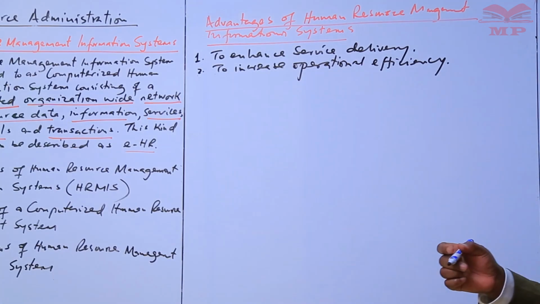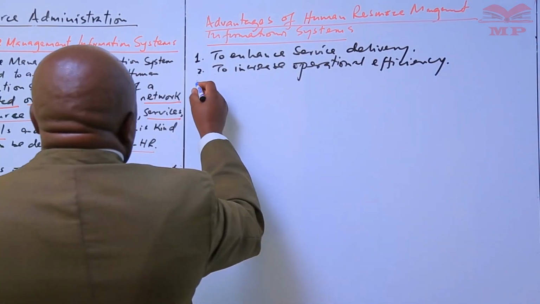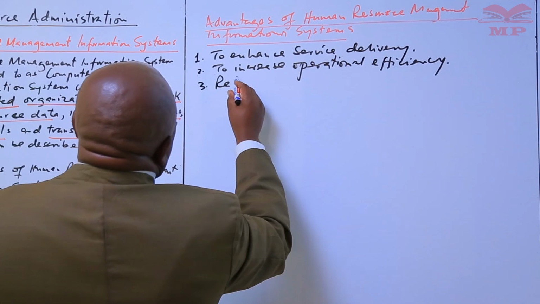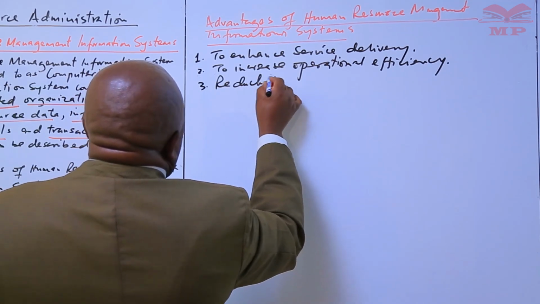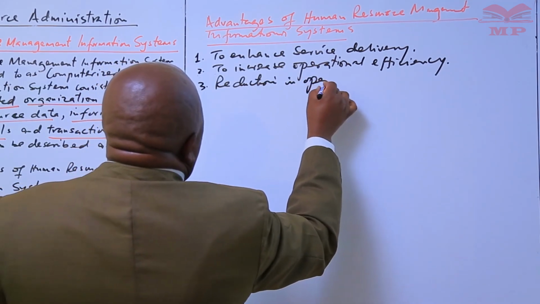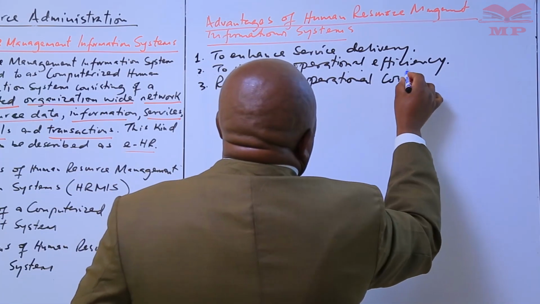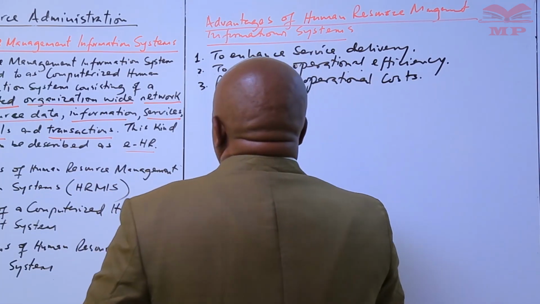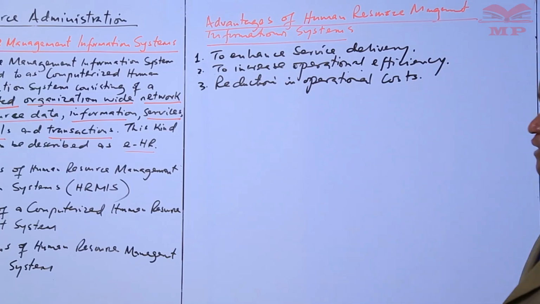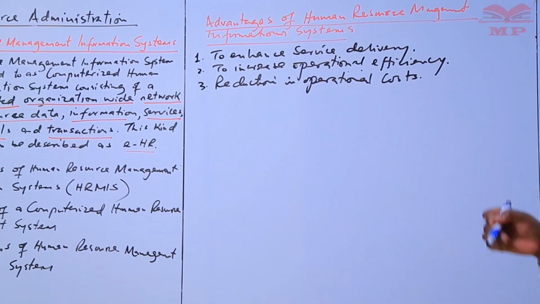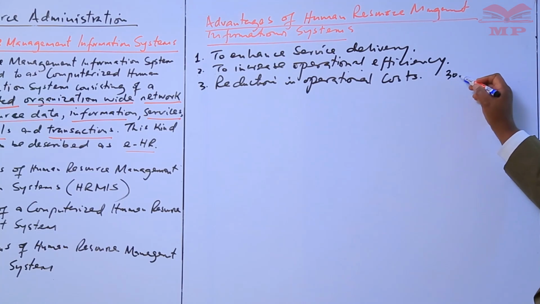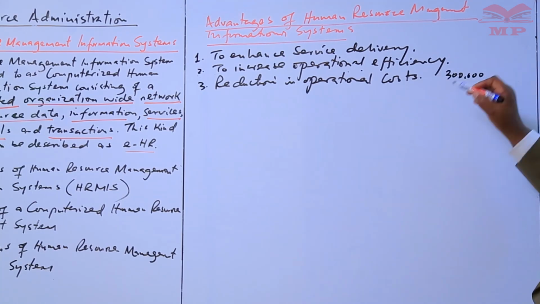Then there's the element of reduction in operational costs. Instead of, for example, using paper, you may have an organization like, let's say, the Teacher Service Commission, which has, for instance, 300,000 teachers on its payroll.